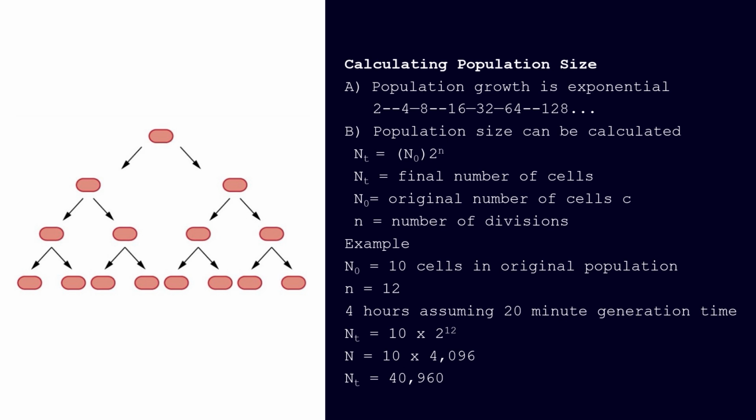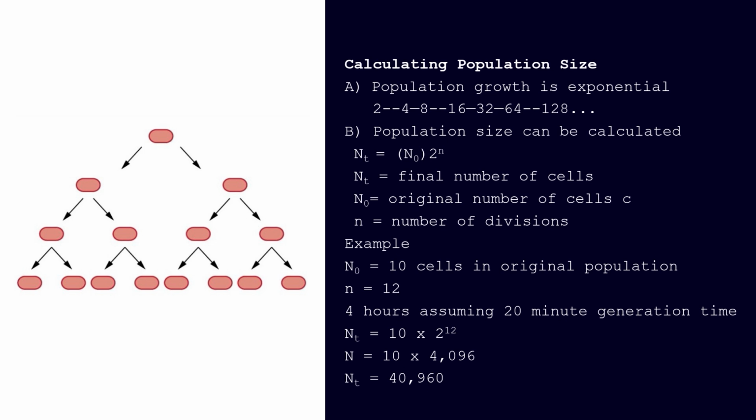Nt is the final number of cells, N0 is the original number of cells in the culture, and small n is the number of divisions the bacteria has undergone. Why is this expression important? Because in the upcoming slides we'll be talking about the kinetics, or the mathematical expressions, of growth. So this expression needs to be remembered.